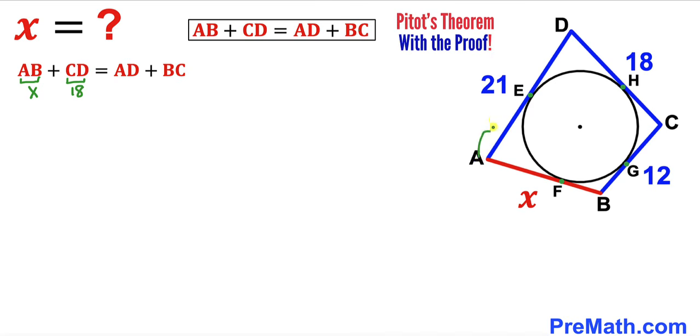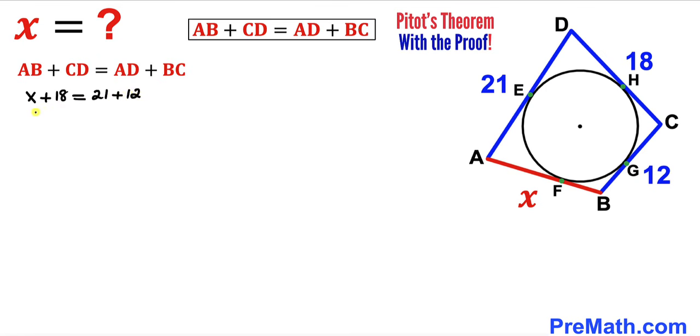And now we can see our AD length is 21 and our BC length is 12. So I'm going to replace AD length by 21 and BC length by 12. Therefore, this equation becomes X plus 18 equals 21 plus 12.